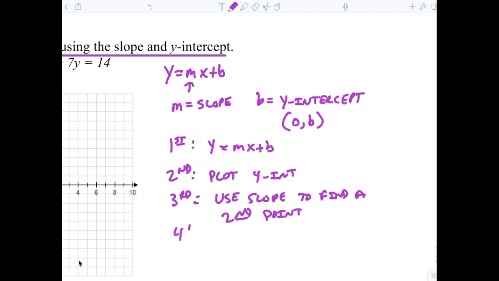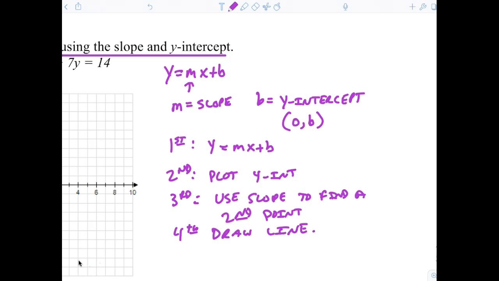And then step 4, you draw the line. Now that seems like a complicated thing, but you don't have to write that out. It's so easy, I promise you. After I do 5 or 6 problems, that'll be super easy for you. I don't even want you memorizing it. I'm just telling you for your own benefit.